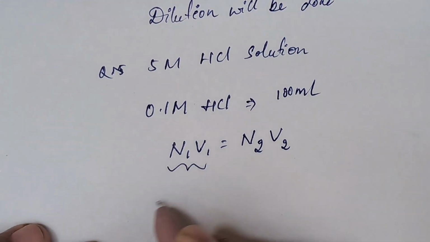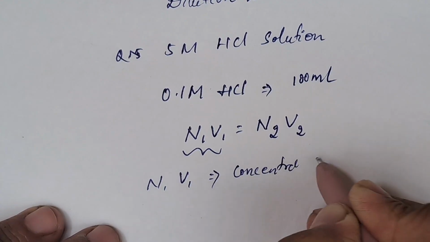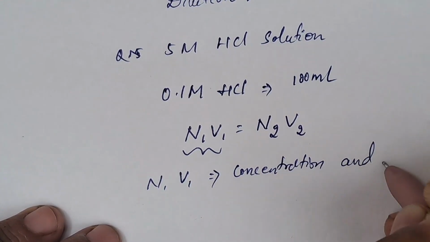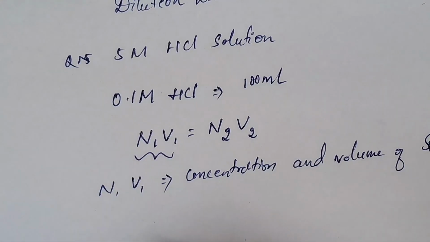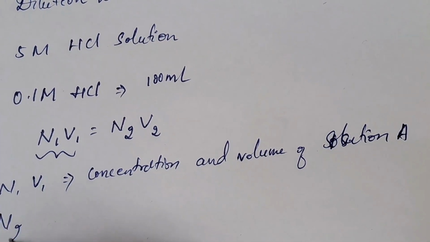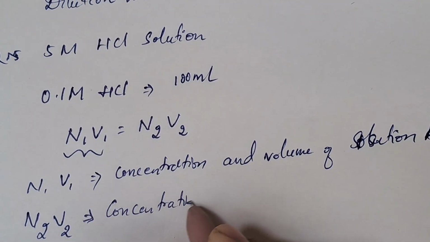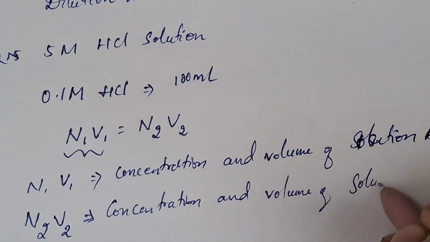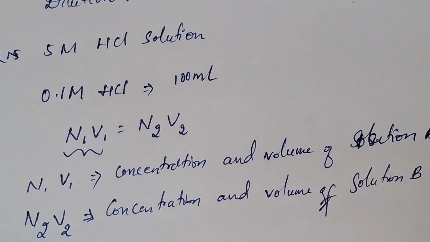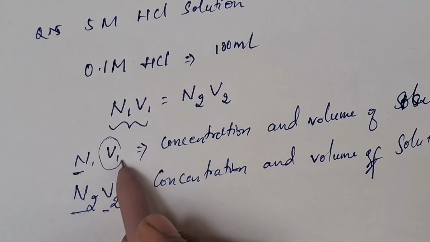What does it mean? N1 and V1 are the concentration and volume of one solution, say solution A. N2 and V2 are the concentration and volume of solution B. So if you know any 3 terms, you can calculate the 4th term.